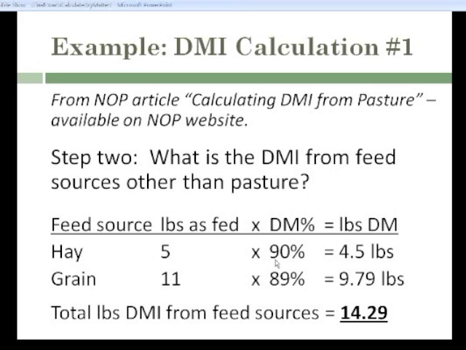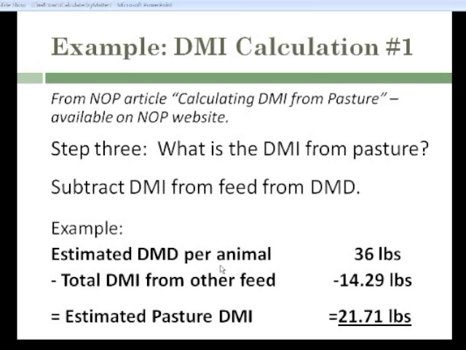In this example, the hay is 90% dry matter, and the grain is 89% dry matter. So there's 4.5 pounds of dry matter from hay, 9.79 pounds of dry matter from grain. We add those two numbers together, and this is 14.29 pounds of dry matter from feed fed. So this is the dry matter being fed from sources other than pasture.